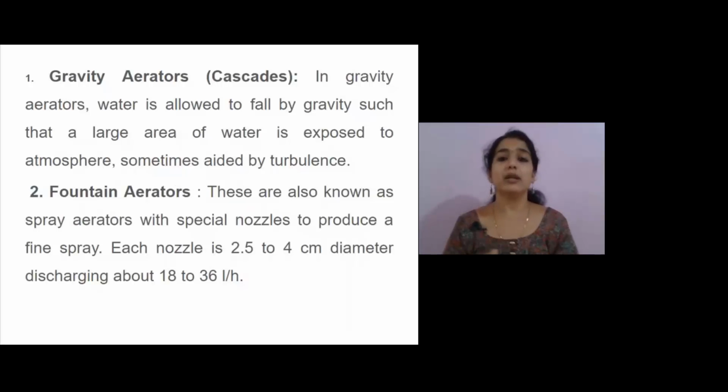Then, the second one is fountain aerators. They are also known as spray aerators, with special nozzles to produce a fine spray. Each nozzle is 2.5 to 4 centimeter in diameter, discharging about 18 to 36 liters per hour. In this, spray aerators are used.